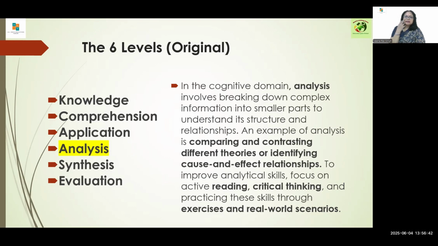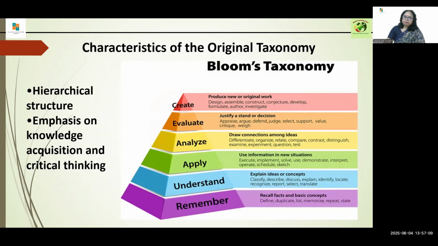An example quoted here is comparing and contrasting different theories or identifying cause and effect relationships. To improve analytical skills, the focus is on reading, critical thinking, and practicing these skills through exercises from real world scenarios.